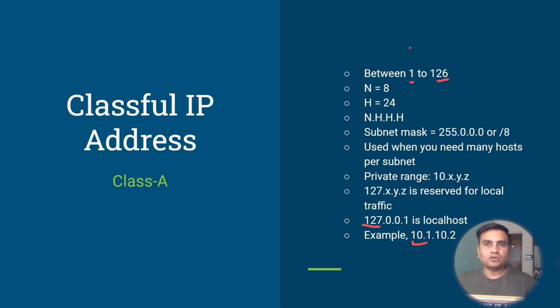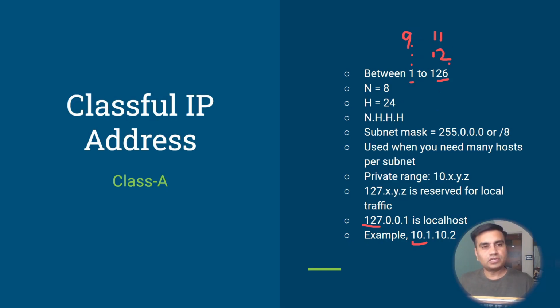Otherwise all others like 1, 2, 3, 4 up to 9, they are all public IP addresses. And then again after 10, 11, and 12 going up to 126, they are all public IP addresses. Unless your server is on internet, you will use the 10 dot range. If your server is on internet, you will use any of the other ranges. Okay, I hope this is clear.